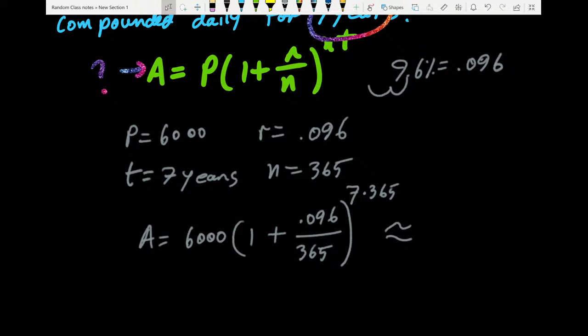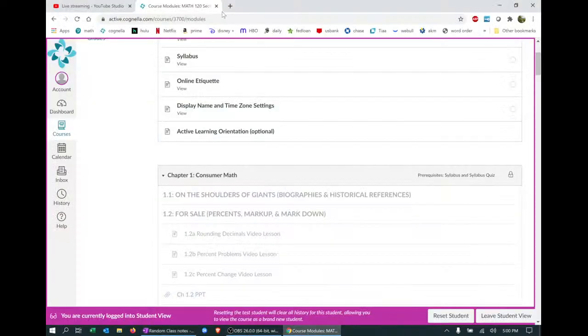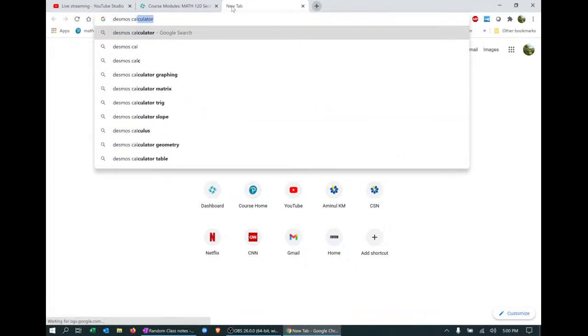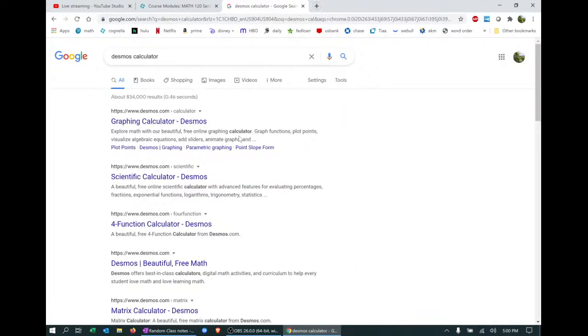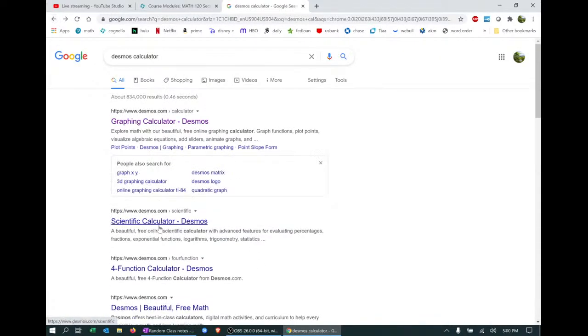So I found another calculator that would help you guys. Let me take you to Desmos. You want to click on the scientific Desmos calculator.